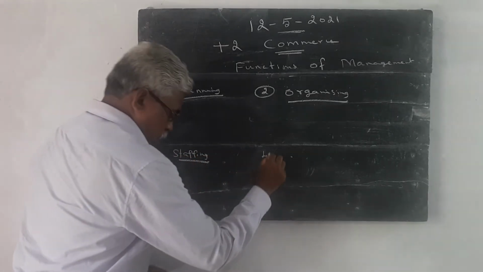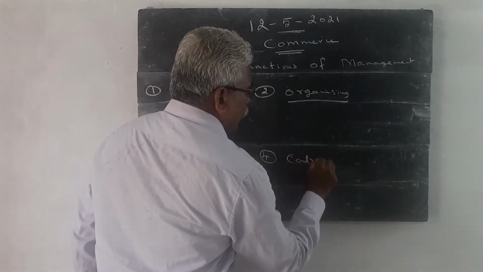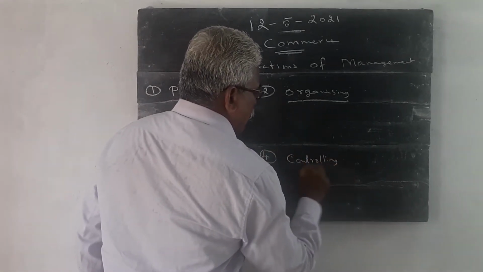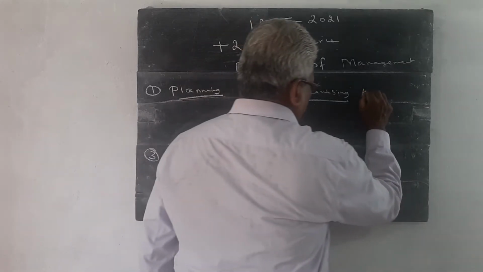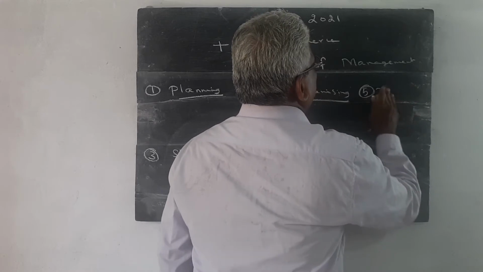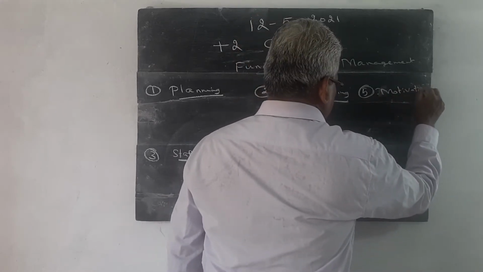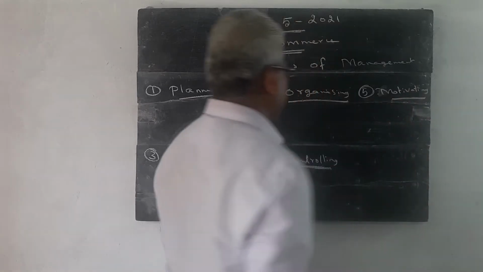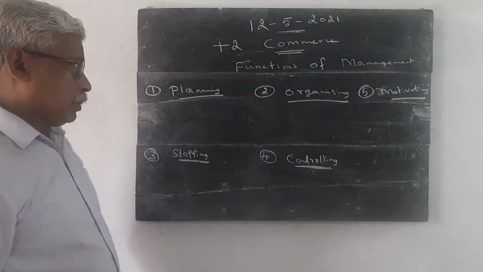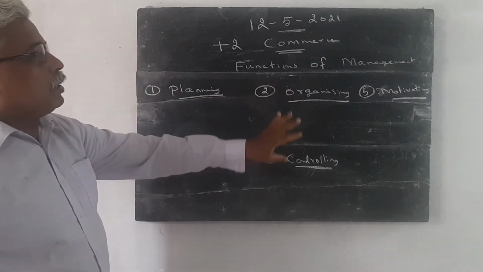Point number 4, controlling. And point number 5, motivating. Decision making is a subsidiary function. Anyway, I'm going to explain these 5 points one by one.